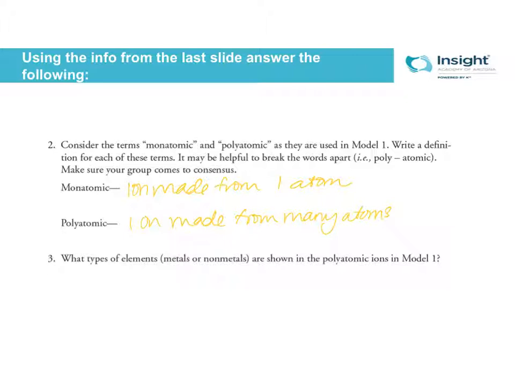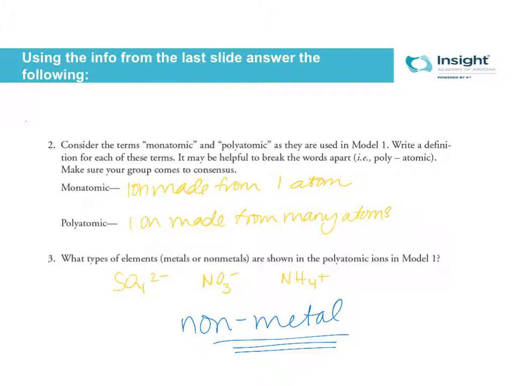Now, thinking back to our polyatomic ions, we had SO4 2-, NO3-, NH4+. If you use your periodic table and look up those things, sulfur, oxygen, nitrogen, hydrogen, what do all of those have in common? They are all nonmetals.